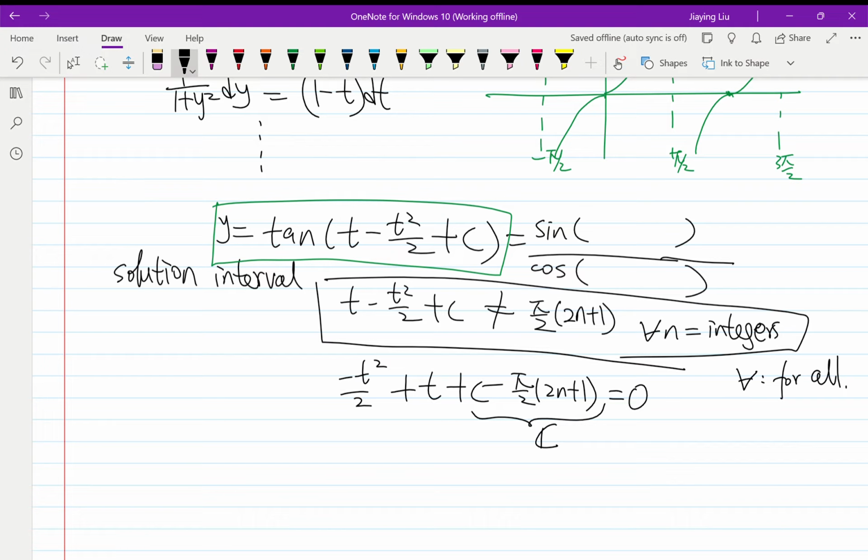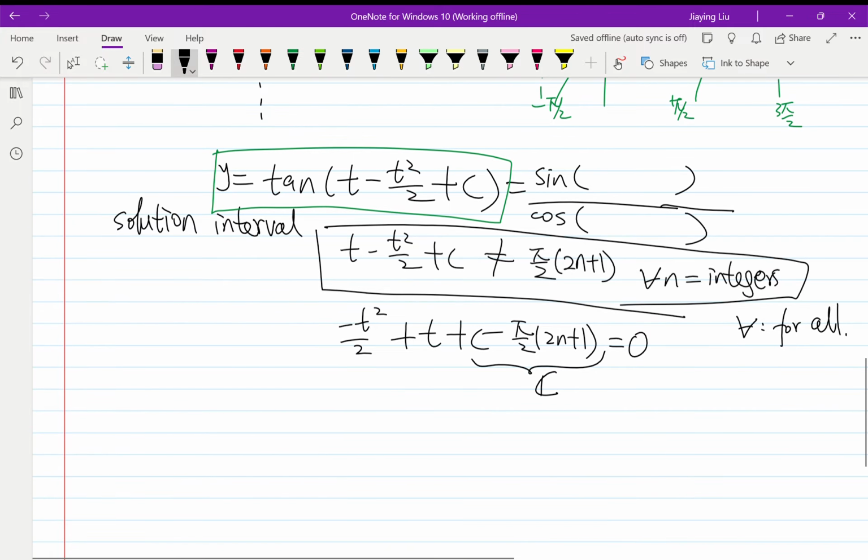So this is a, this is b, 1, this is c. Apply the quadratic formula, and that will give you the two t values. But that's a lot of t values because the n could be any number. I would say probably just leave it in this form instead of doing a lot of work.